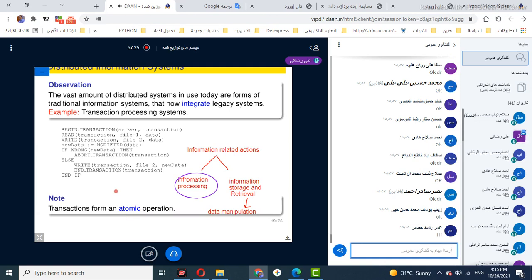So a transaction will either commit or abort. Here you can see that a transaction may be aborted, and here it will be committed. Commit or abort. So we cannot say that for a transaction, some parts of it will be wrong and some parts will be neglected or maybe failed. This is not the case in transactions.